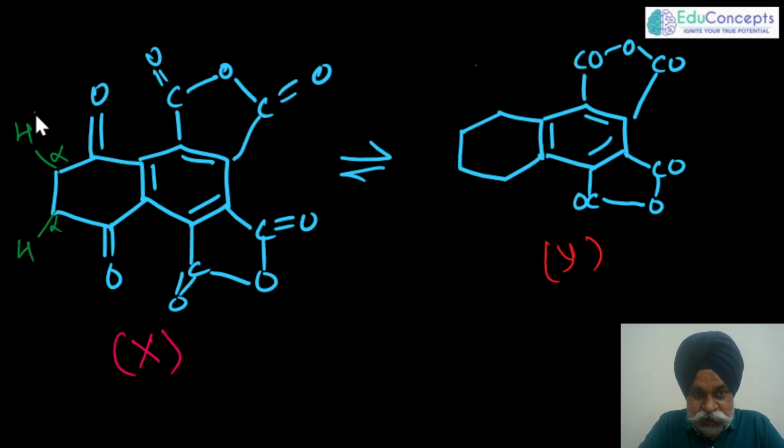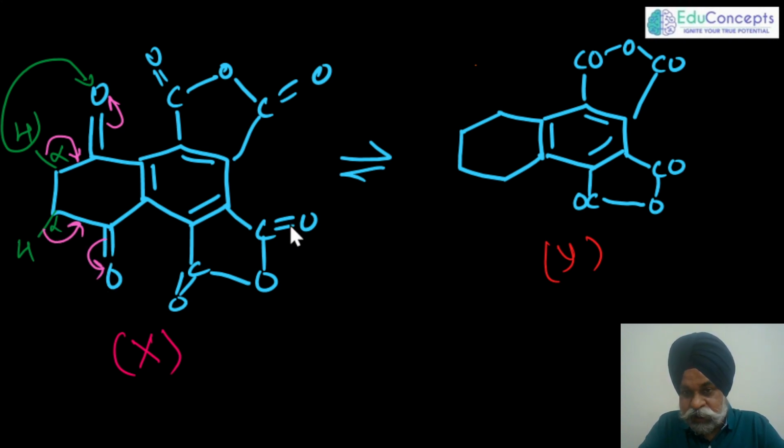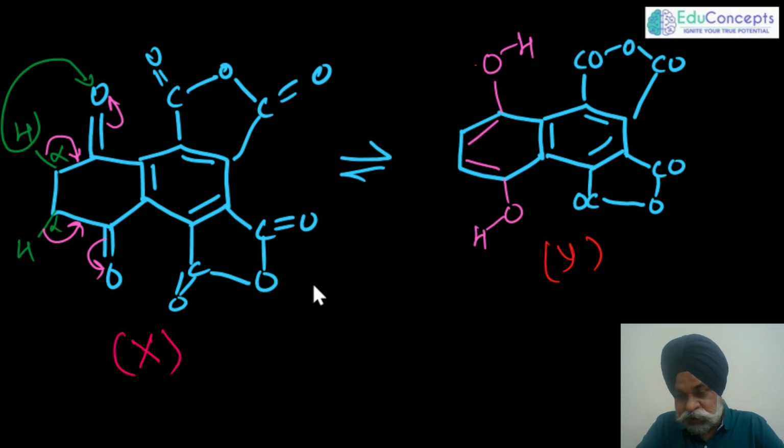Now what I show here is if this H goes here and these electrons come here, and similarly, if I do the tautomerism, what I get here is I would generate an OH, here also I would generate an OH, along with the formation of double bonds. Now perfect, beautiful it is, because it is now going to get the enol form. So both X and Y can be said to be tautomers. So this is the enol form.